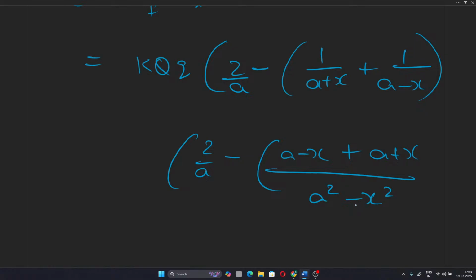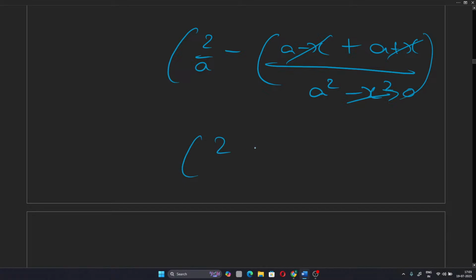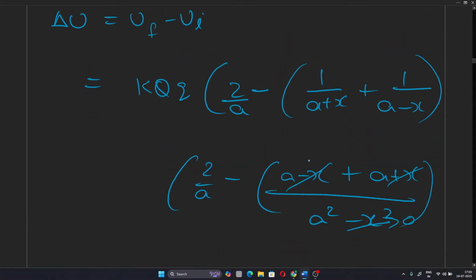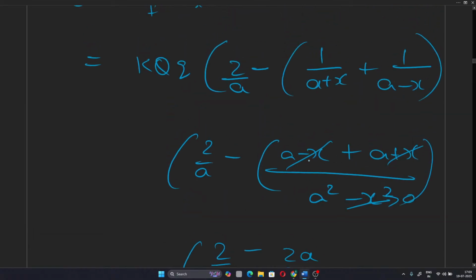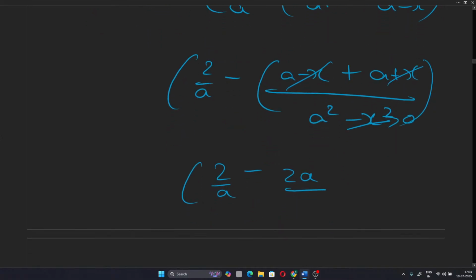When X is negligible, we neglect X. Here X will cancel. So it will be 2 by A minus 2A by A square.